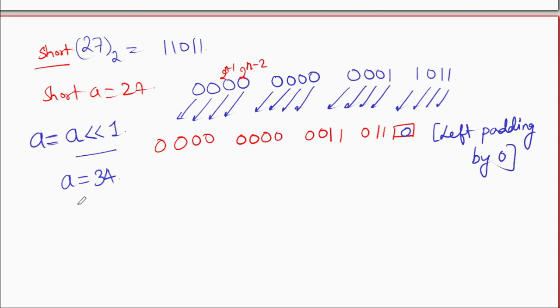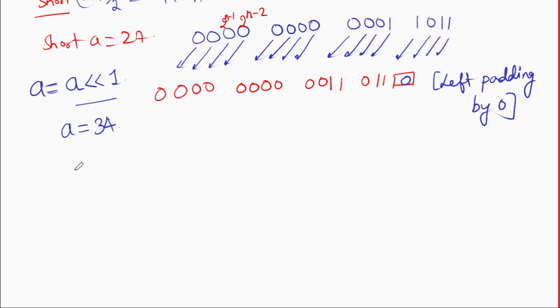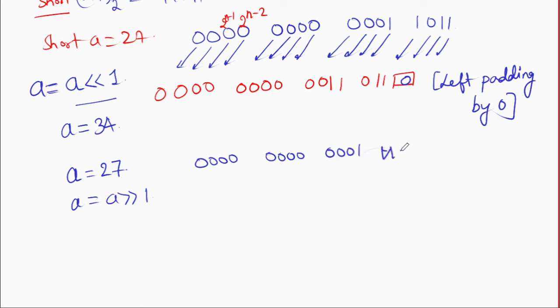Now let us consider the same example where A is 27 and A is right shifted by 1, with the same data type short, and this is the binary representation of the variable A. Now right shift, and in a similar example, when you right shift, the value decreases by a factor of 2.